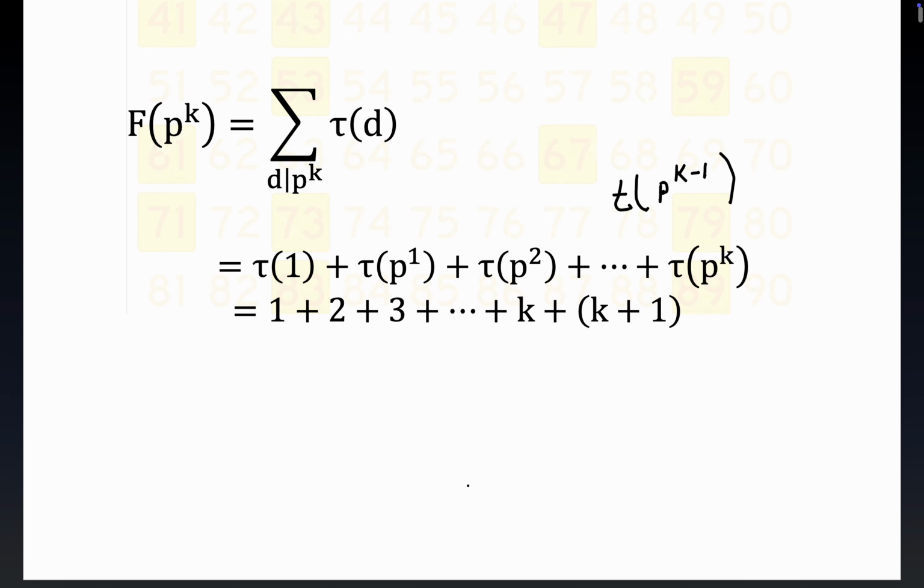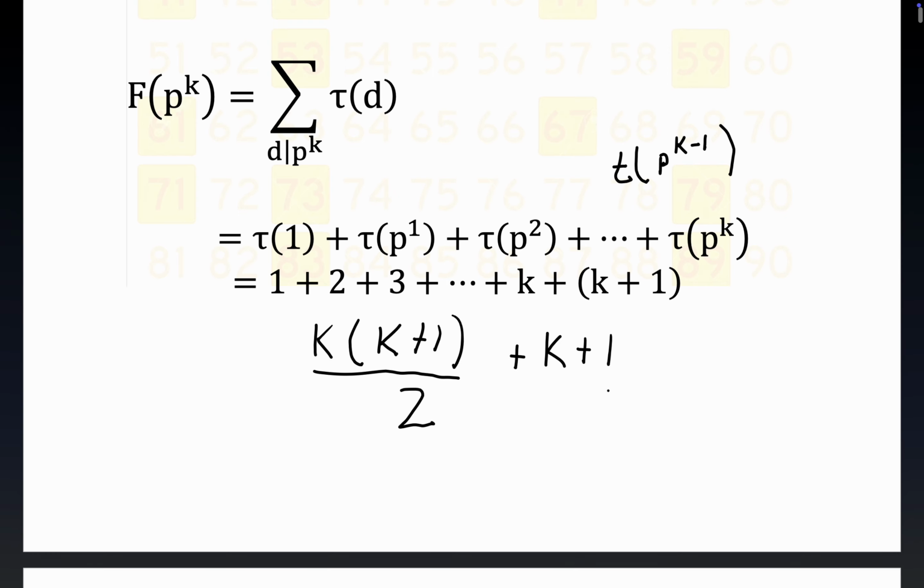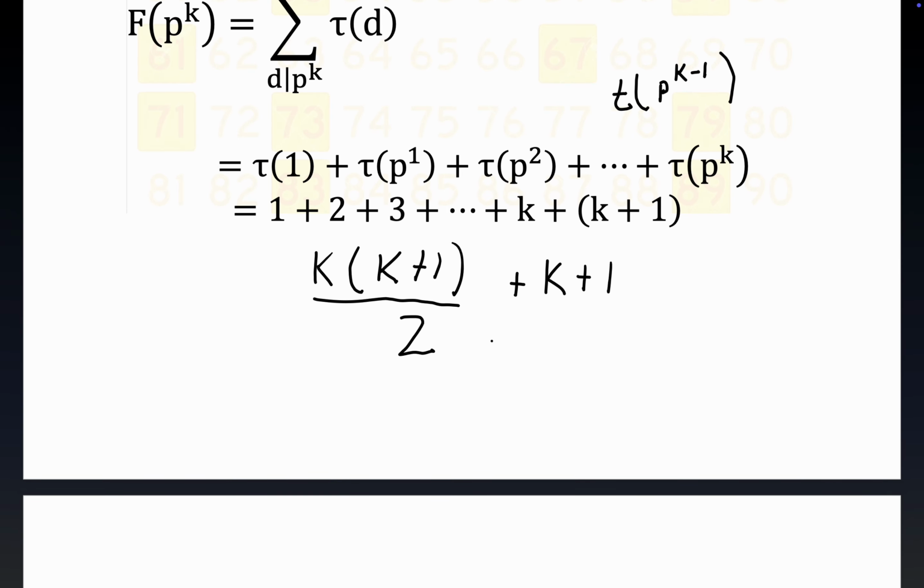Now, the good thing about this is that it is very well known. This is the famous triangular number sum, and this is certainly equal to k times k plus 1, divided by 2. That takes care of 1 plus 2 plus 3 all the way to k. Now let's write k plus 1 next to it. There's a sum here, so we're just dealing with a common denominator problem, which is 2.